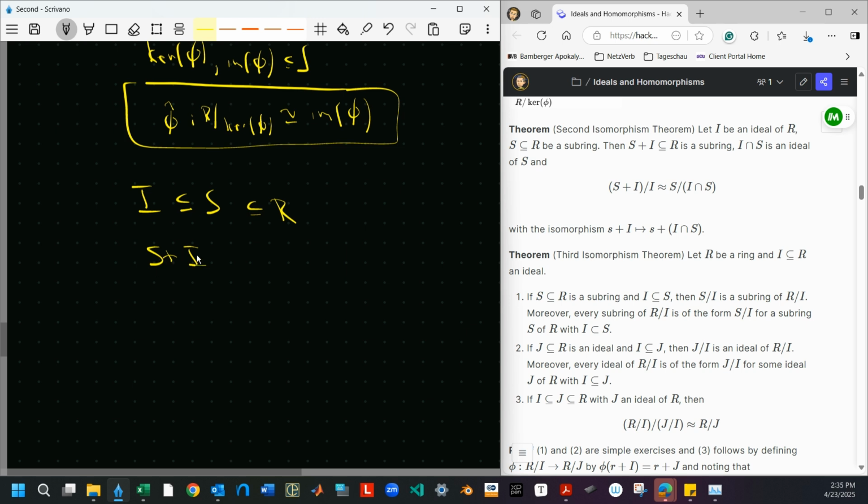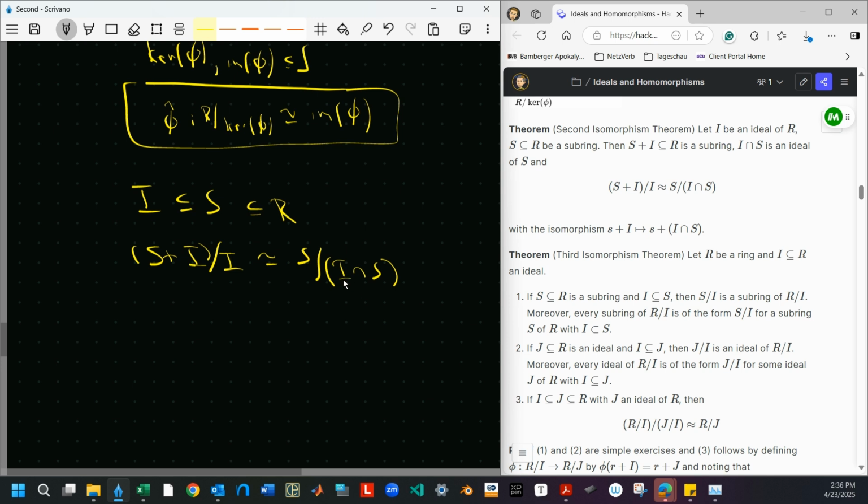If you don't know what that means yet, that's what our next video's on, so maybe just wait for that. But basically, it's just the sum of terms from S and I. That'll be a subring of R. And if I divide out by I, then I get that that's isomorphic to S itself over I intersect S.